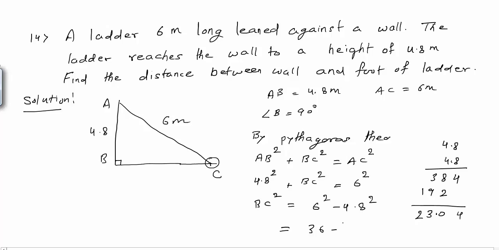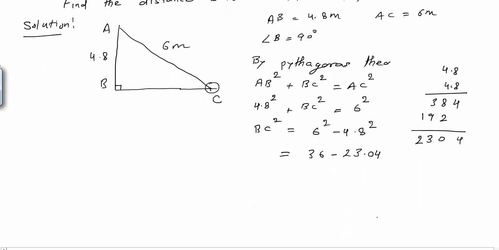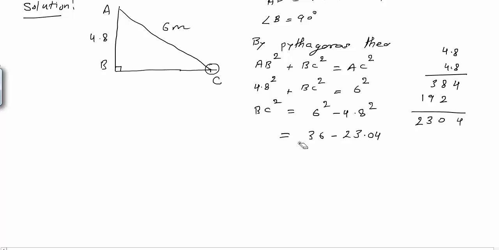So 36 minus 23.04 will be equal to 10 minus 4 is 6, 9 minus 0 is 9, 5 minus 3 is 2, and 3 minus 2 is 1. 12.96 is my BC square.